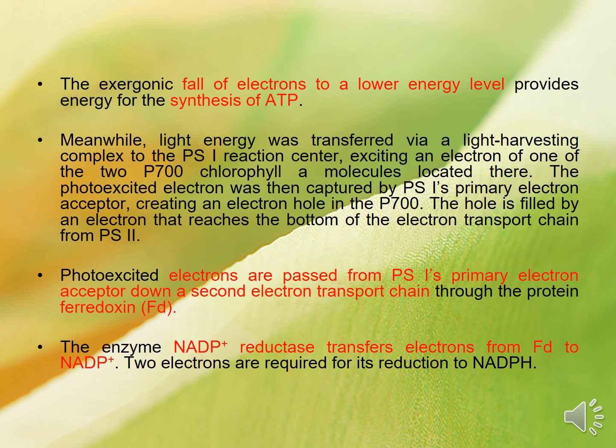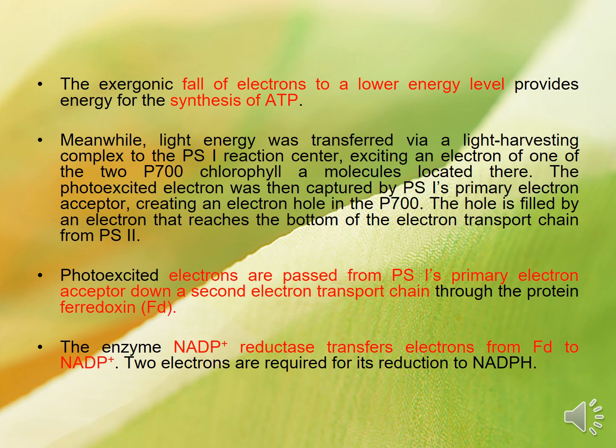Okay, and the next step is regarding what happens in photosystem 1. At photosystem 1, all the light harvesting complexes, which are all the accessory pigments, absorb the light energy, and it excites the electron from the P700 to the primary electron acceptor. Then when the electron at P700 is excited to the primary electron acceptor, it creates a hole in the P700.